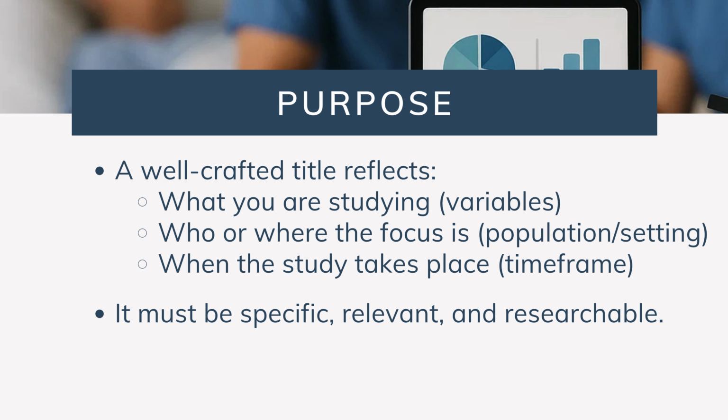Your topic should also be relevant to current issues or challenges in nursing. And most importantly, it should be researchable, meaning you must be able to collect data and analyze these data objectively. Think of your title as your North Star. It should guide your every step.